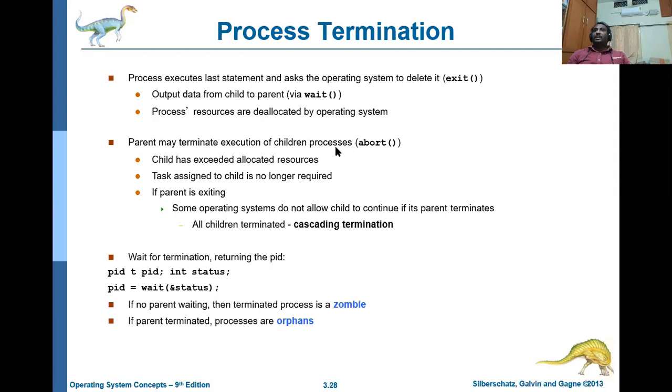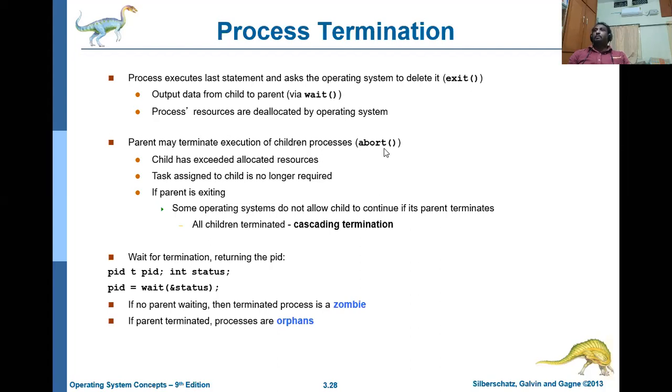Then what we have is that a parent can terminate execution of a child process. Suppose the parent process feels that it has to close the child process, then it uses a function called abort. It does that when the child has exceeded allocated resources, that is, the child is taking a lot of resources, or when the task assigned to the child is no longer required, that is, the child process completed but is not terminated.